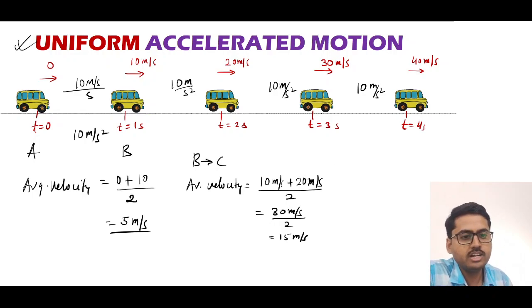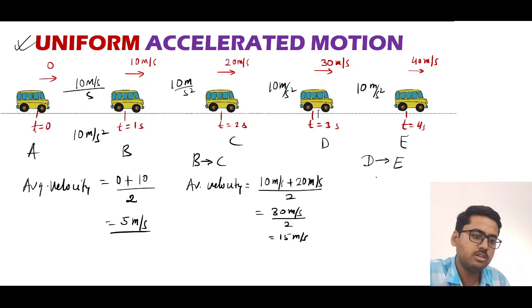So likewise, you can take any two positions. Let's say this is A, B, C, D and E. If I calculate for position D to E, what will be the average velocity? The initial velocity is 30, the final is 40.